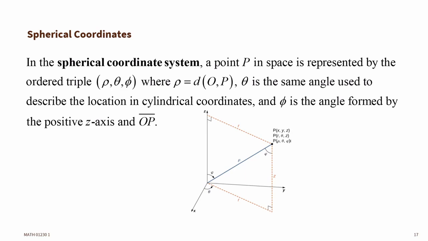So what would the lowest possible value of phi be? 0, right? If the point's actually on the z-axis, it has no declination.